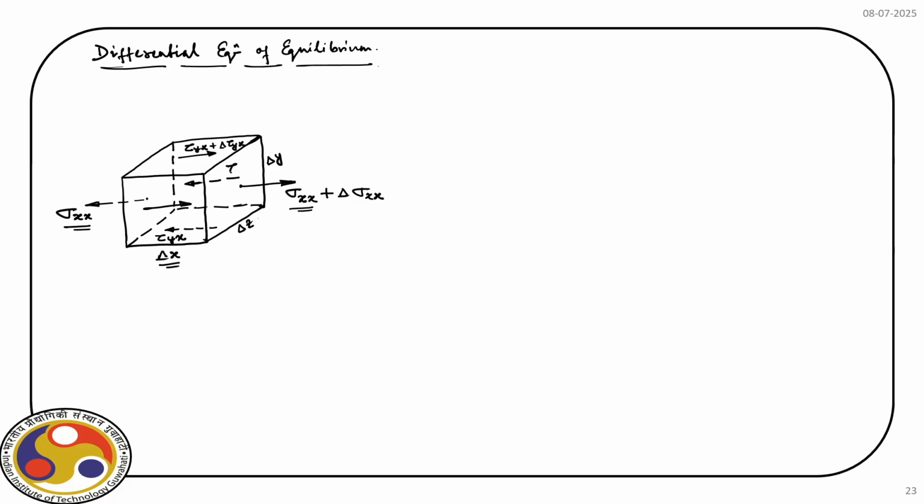So, the one on the far end, it is tau zx, and at this end we have tau zx plus delta tau zx, right. So, we have identified all the stress components acting along x direction. I am not drawing all other components because then it will be difficult to identify. However, you can populate all the faces with the remaining stress components, right, that we have already discussed.